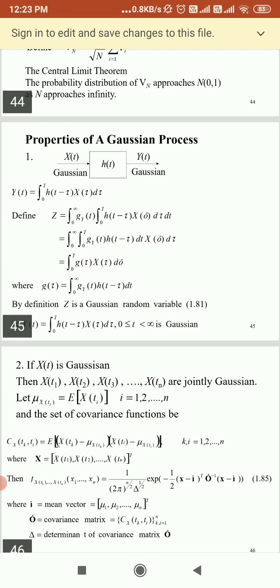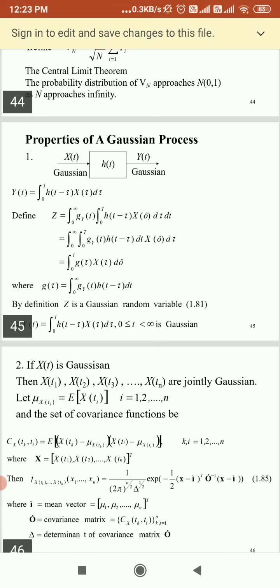So you will get y of t equal to integration 0 to t h of (t minus tau) into x of tau d tau. Here h of tau is nothing but the response of the filter.